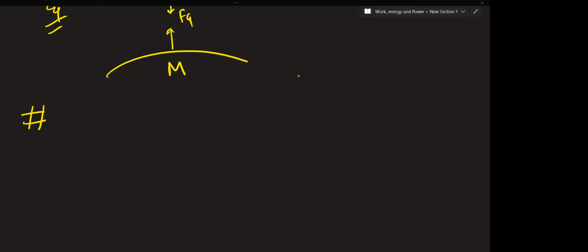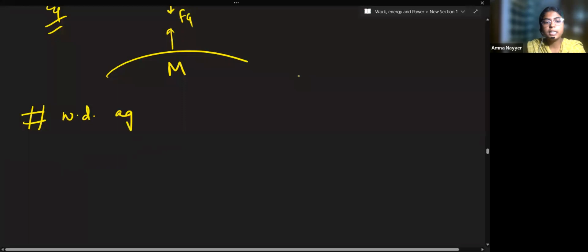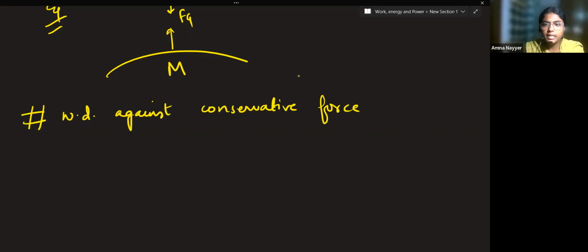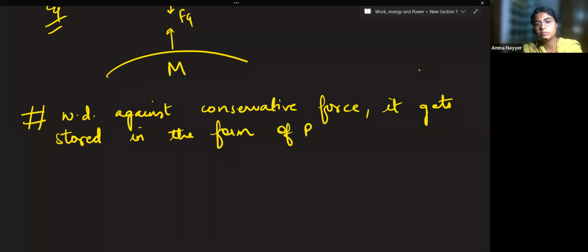Okay, so why are non-conservative forces not possessing potential energy? Because whatever work is done against any conservative force gets stored in the form of potential energy.